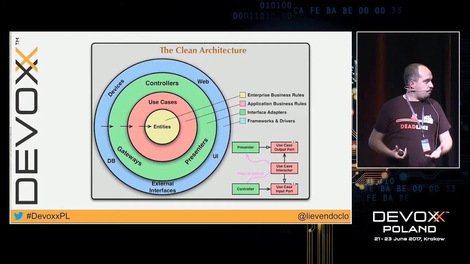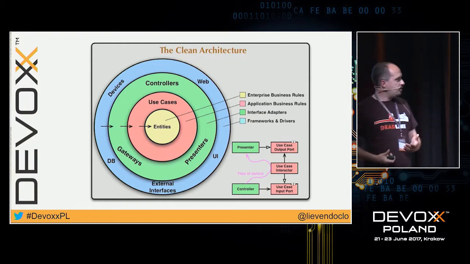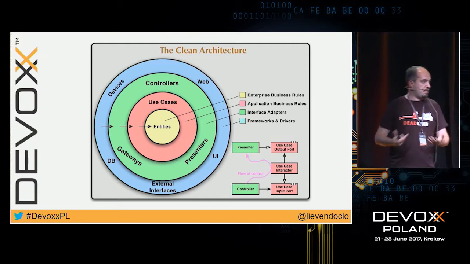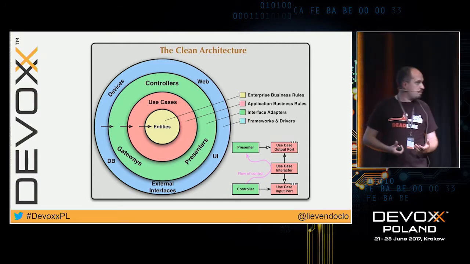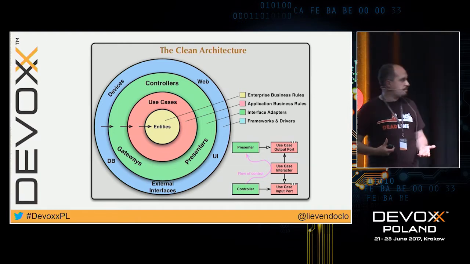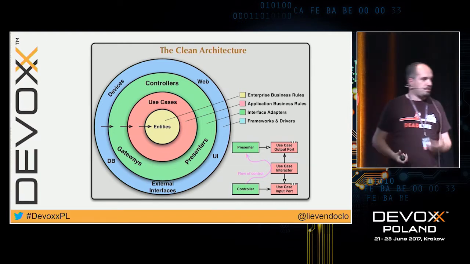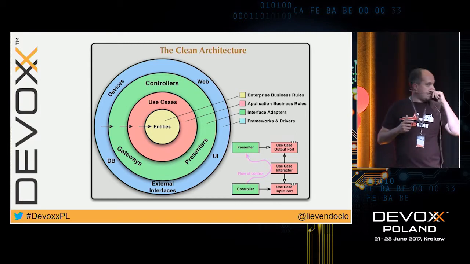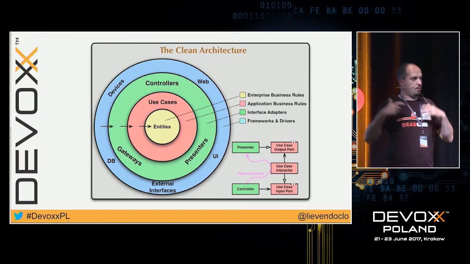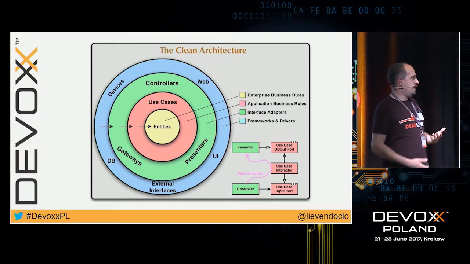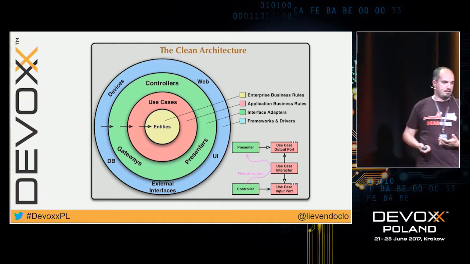I'm going to give a lot of examples of what a use case can be. On the outside of that, you've got your controllers, for example your REST controllers, but also how you communicate with the persistence layer, for example a database or a NoSQL database. And on the blue layer is your consumer side, so your devices, your UI, the actual database.